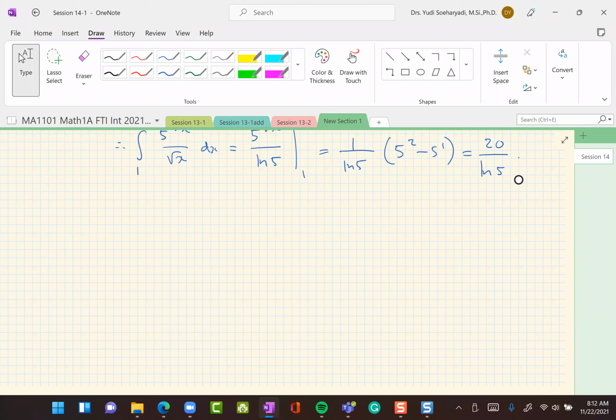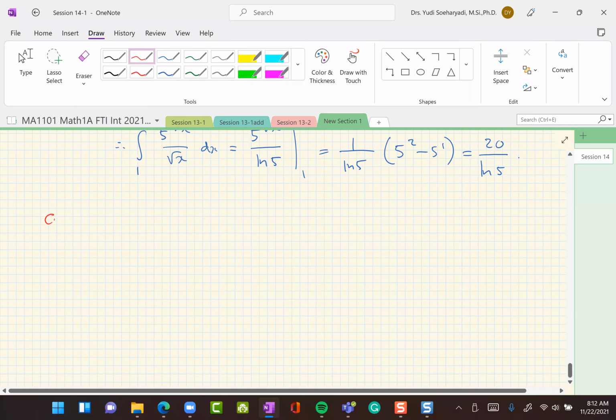Okay, one common mistake in computing the derivative of an exponential function is this one: you try to apply the power rule here.